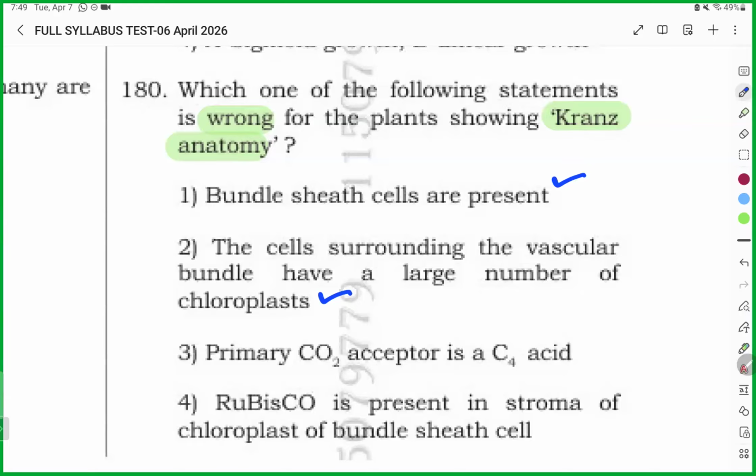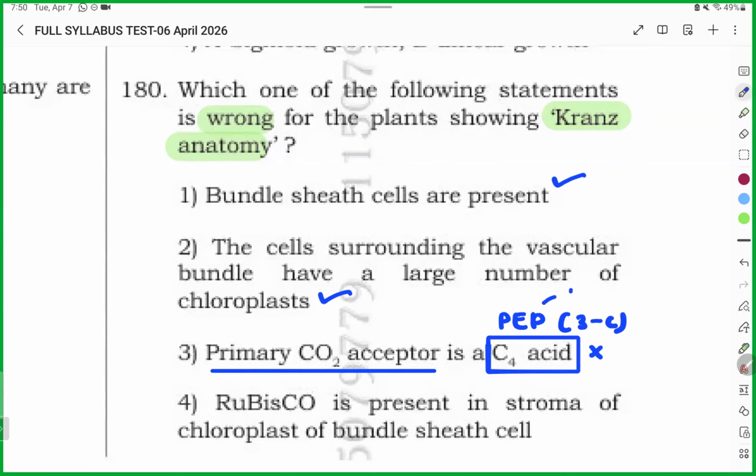Nikki, the primary CO2 acceptor in C4 plant is C4 acid. Wrong. Why? Because the primary CO2 acceptor in C4 plant is PEP, a 3 carbon compound, in the mesophyll cell.